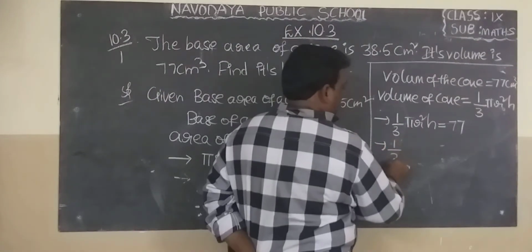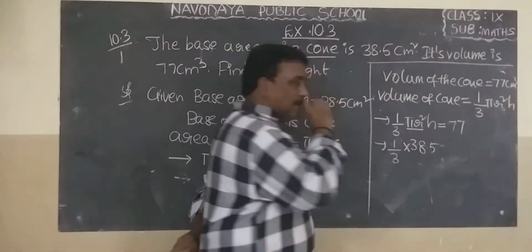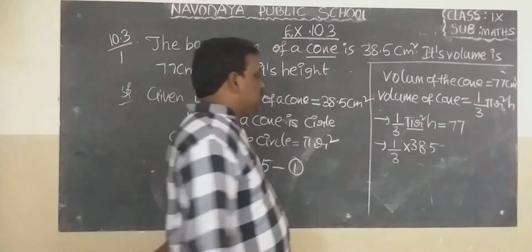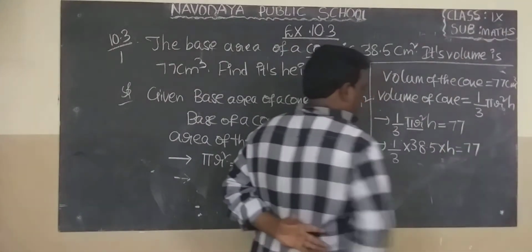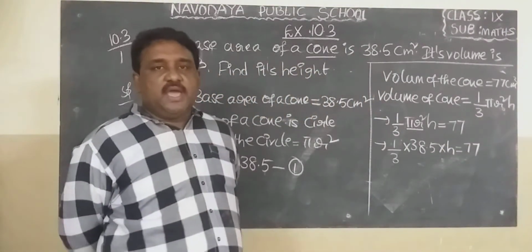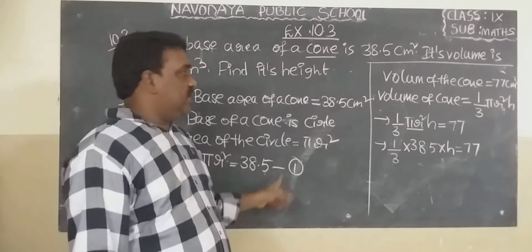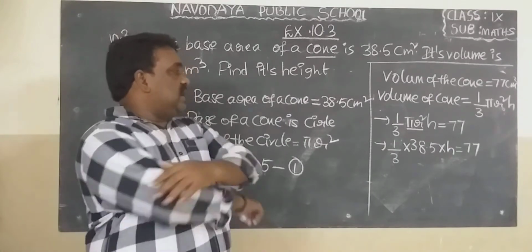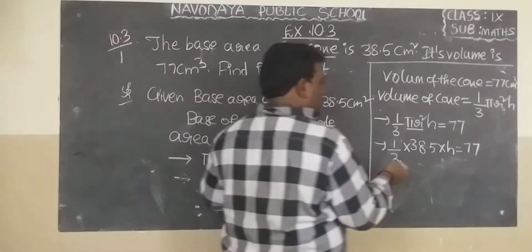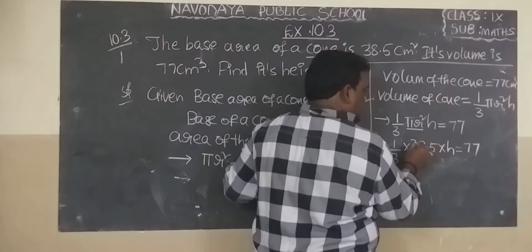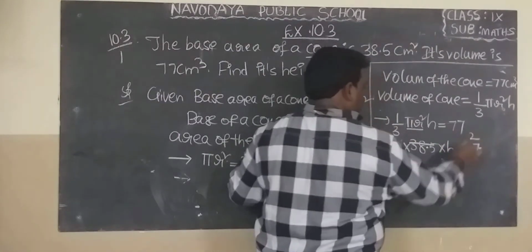1/3, what is pi r square value? 38.5. According to equation 1, pi r square is replaced by 38.5. So 1/3 into 38.5 into h equal to 77. Then do the cancellation. 38.5 and 77 exactly cancel 2 times.